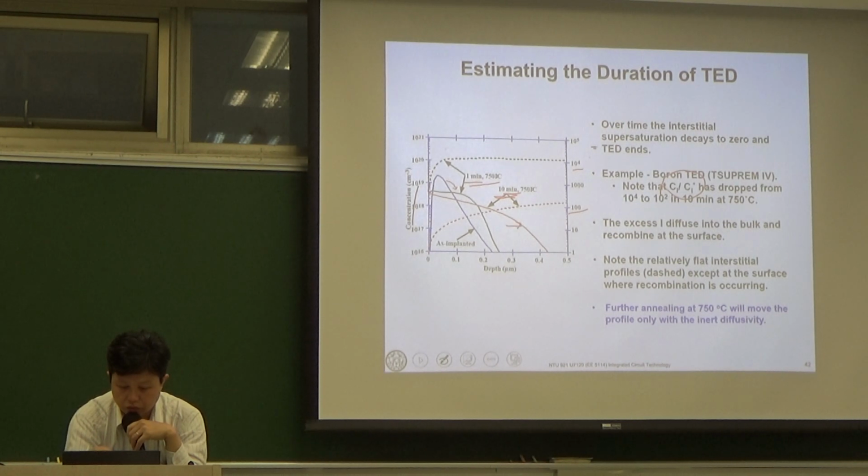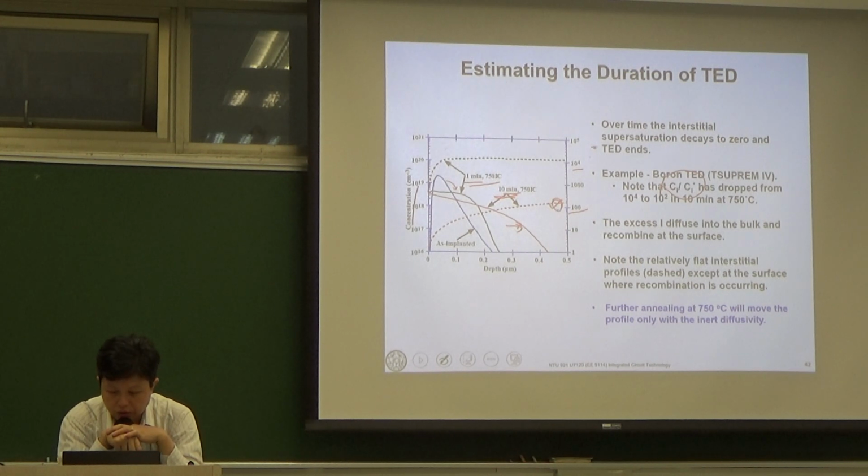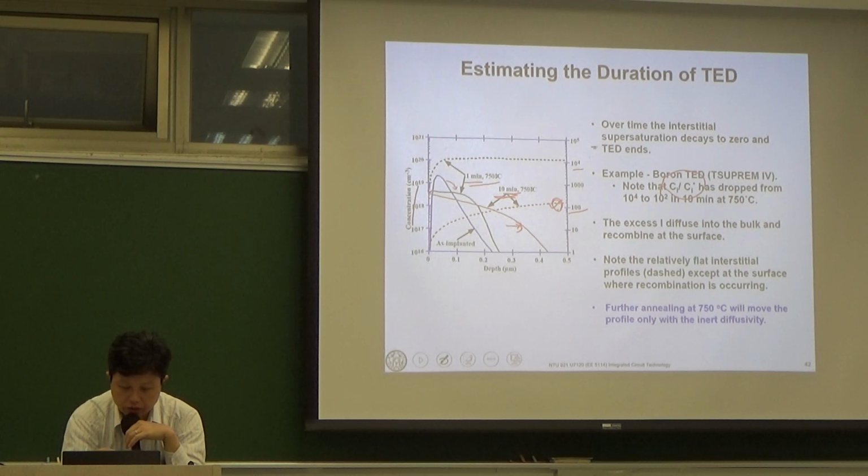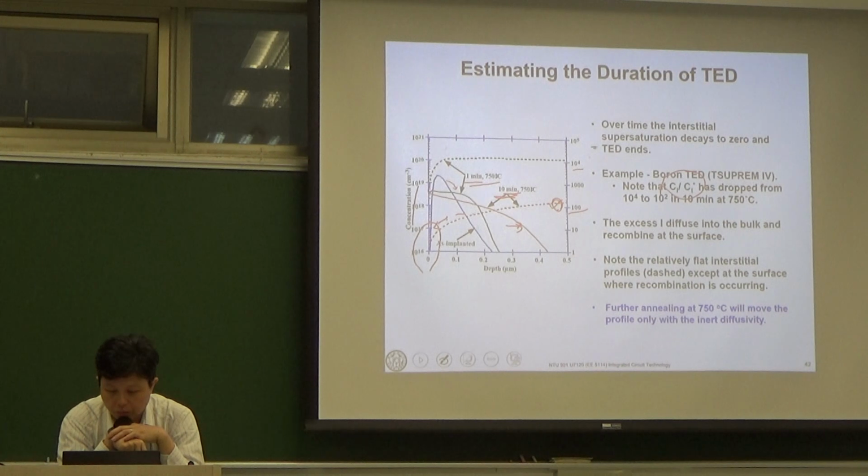This is the red curve. You can see the final boron profiles and the final concentration profile. The concentration profile goes to a very low level close to the surface. That's because you have more surface recombination happening in this process.